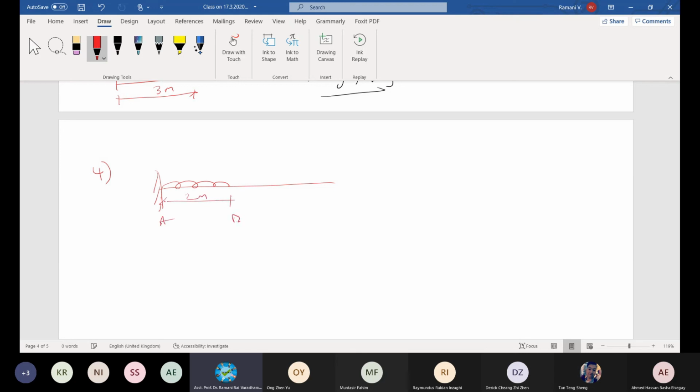A and B, and then running to 3 meter is your C, and then from C there is UDL acting on it, 20 Newton per meter. From this point onwards 20 Newton per meter until D, which is 3 meter again.